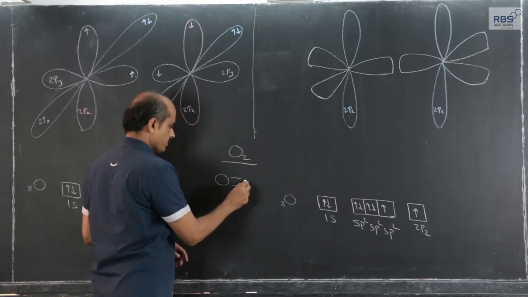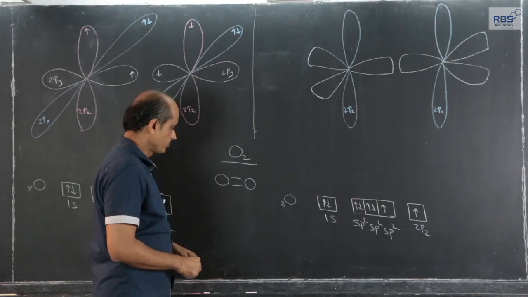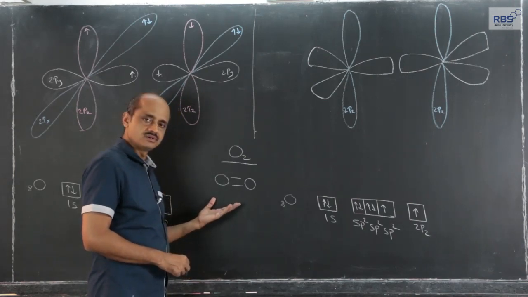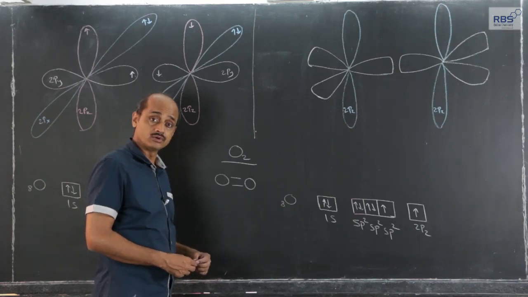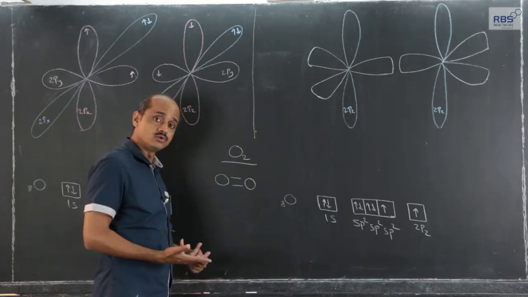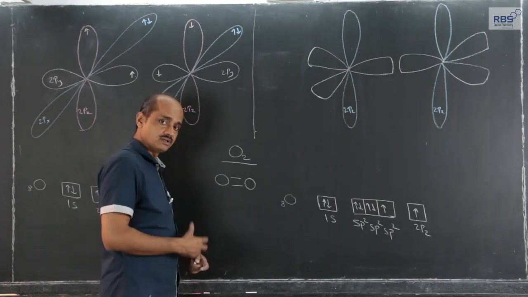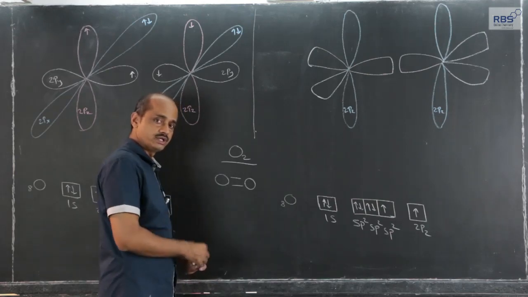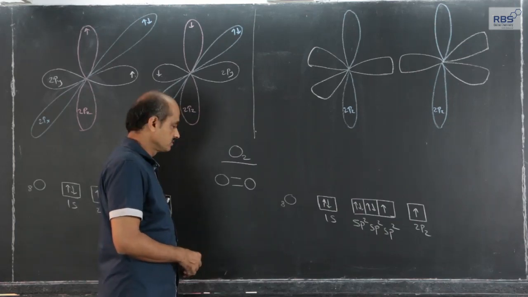There is a double bond between 2 oxygen atoms, and my question is, what is the hybridization of oxygen in O2 molecule, or does oxygen undergo hybridization? Does it undergo hybridization during O2 molecule formation?